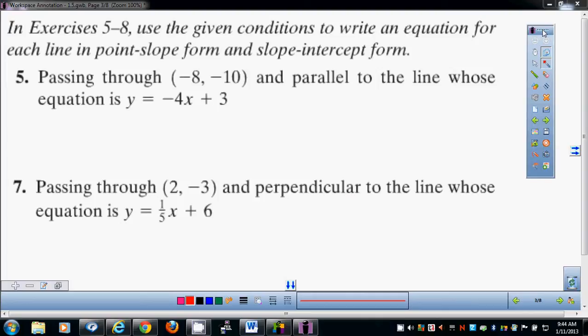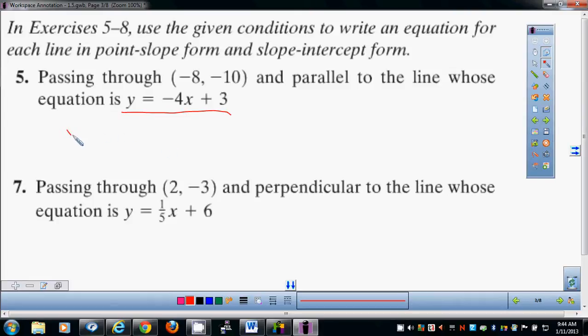Use the given conditions to write an equation for each line. Ooh, just the exact same thing. Point slope and slope intercept. So, passing through that point and parallel to that line. So what do I need from this line, y'all? The -4 is the only thing I need. I need the slope.